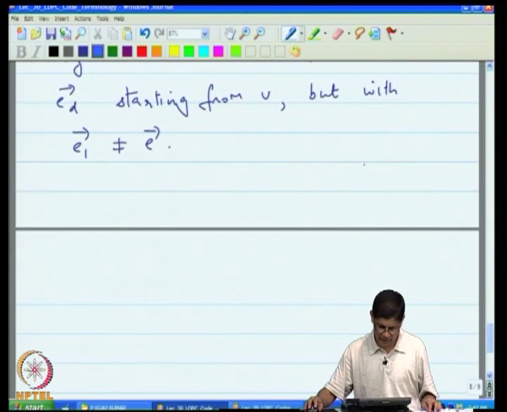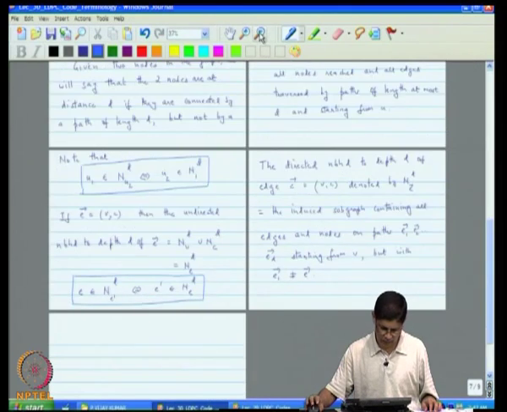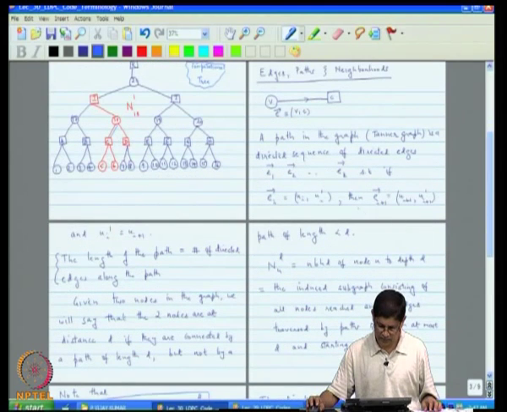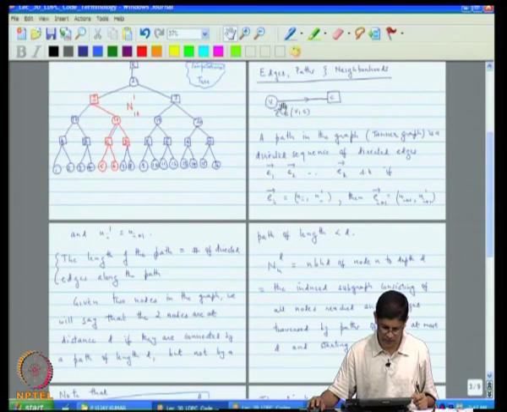All right. So, what have we done? Let me just quickly recap. It has been a lot of terminology, basically talking about edges, paths and neighborhoods. I defined what is meant by a directed edge, and then a path being a string of such contiguous edges.